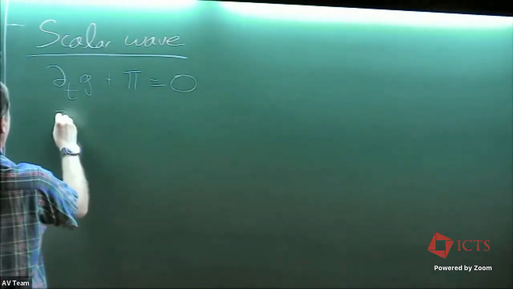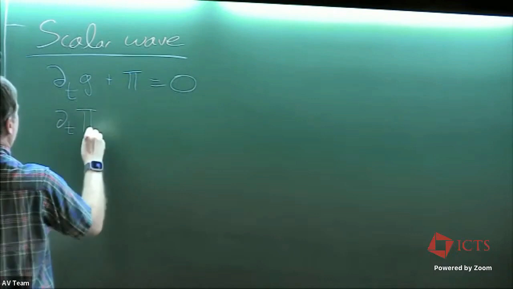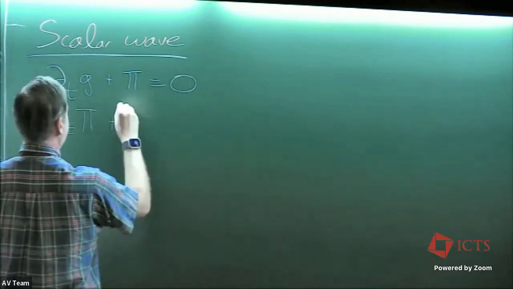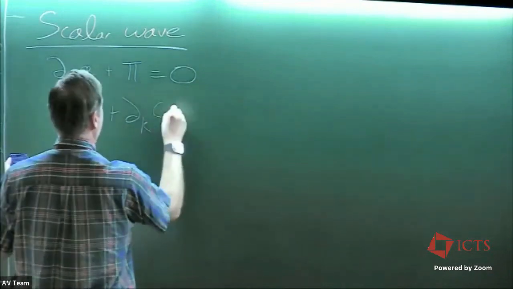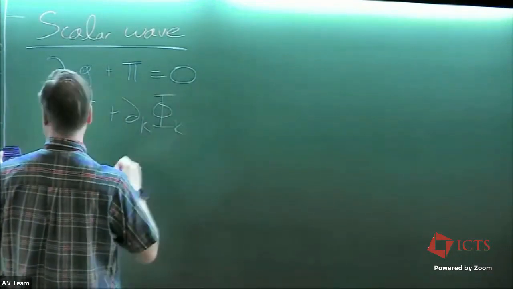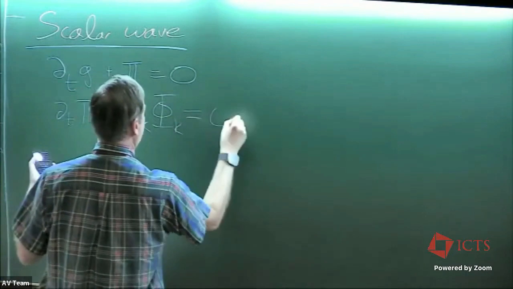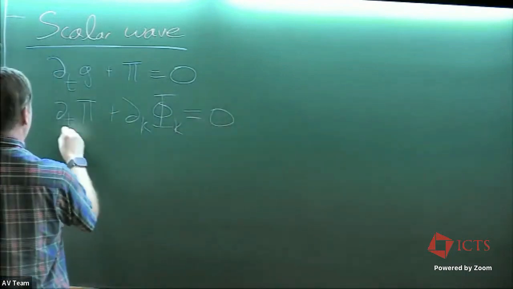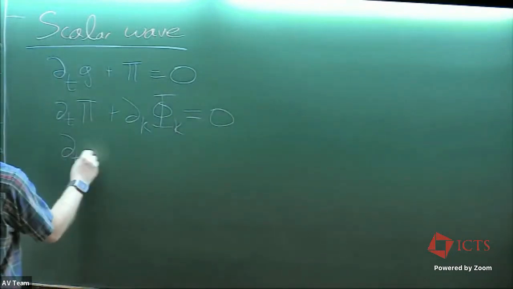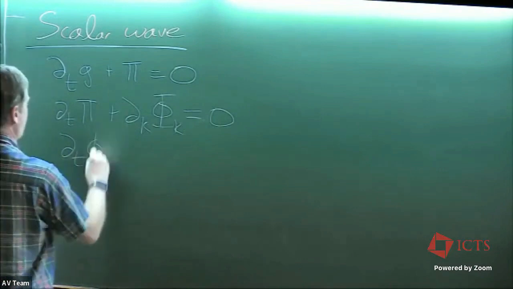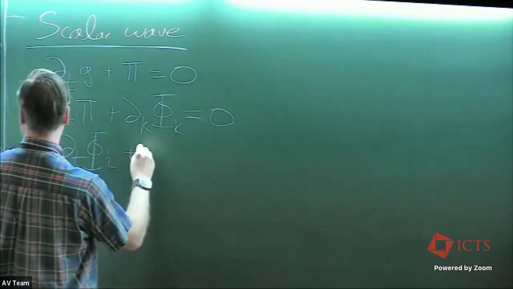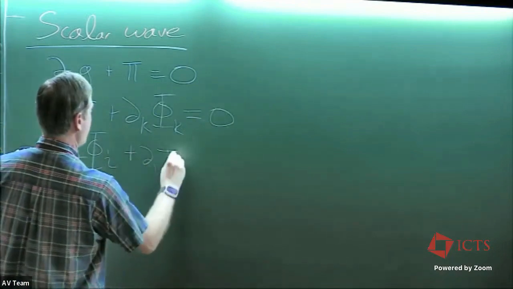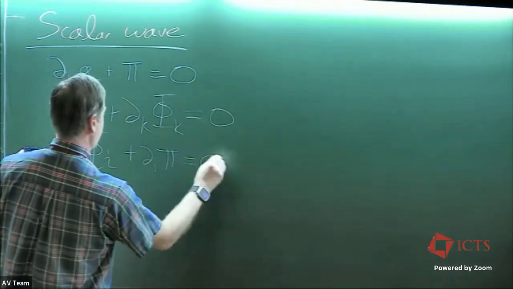And then partial t Pi plus partial k Phi k is equal to 0. And then there's three equations, partial t Phi i plus partial i Pi, and that's equal to 0.